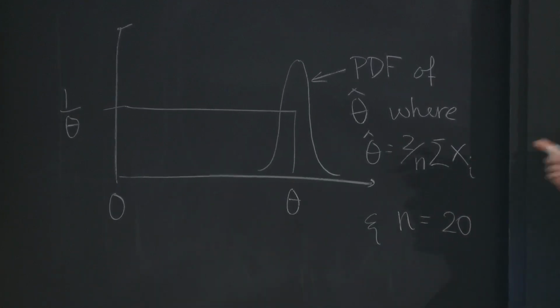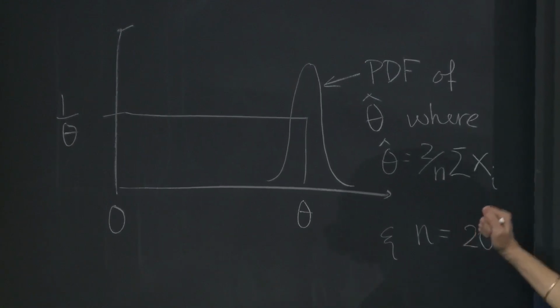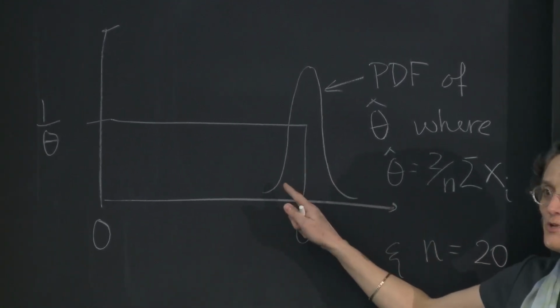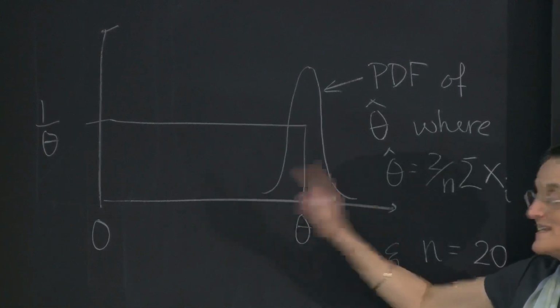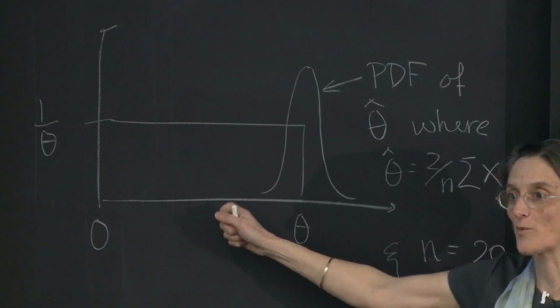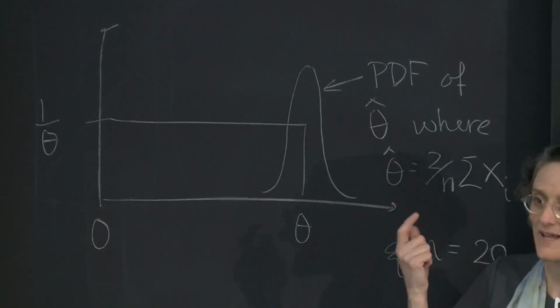I said 15, but let's say n is equal to 20. Then we can mathematically figure out what the distribution of 2 times the sample mean from a random sample of size 20 is. And maybe we're going to get something that looks a little bit like this.